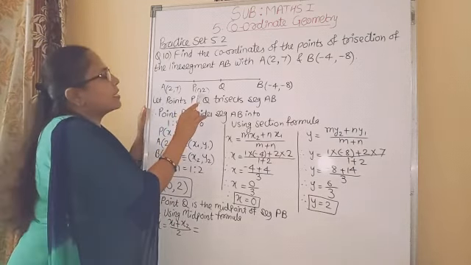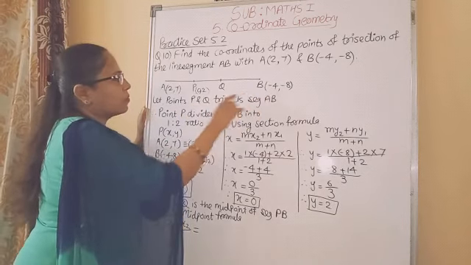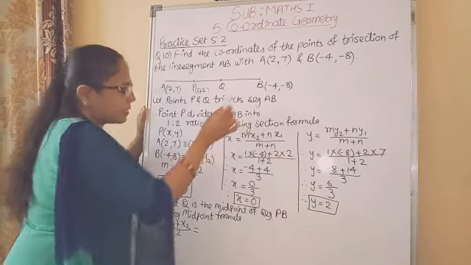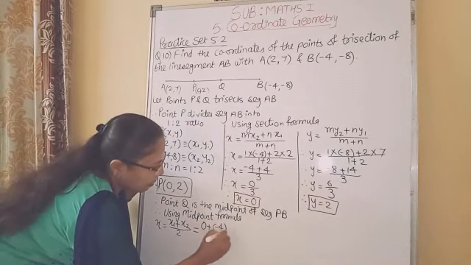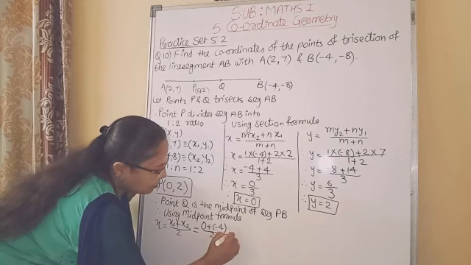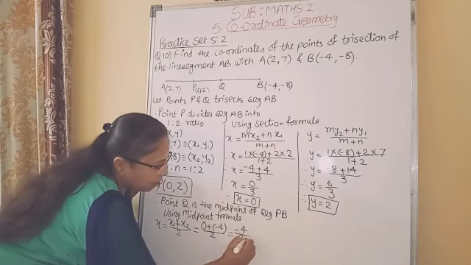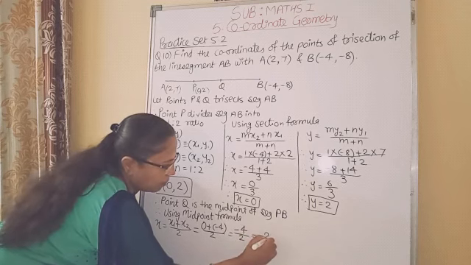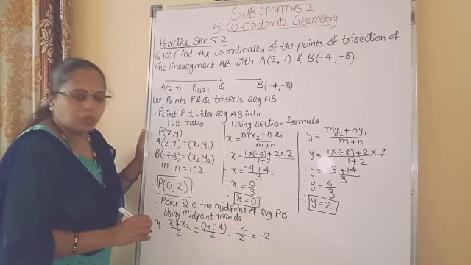So here x1 is 0 and x2 is minus 4. So 0 plus minus 4 upon 2 is equal to minus 2. So the x coordinate we got is minus 2.